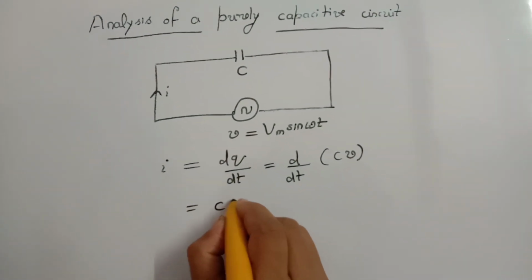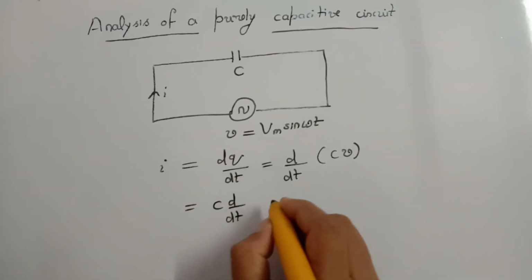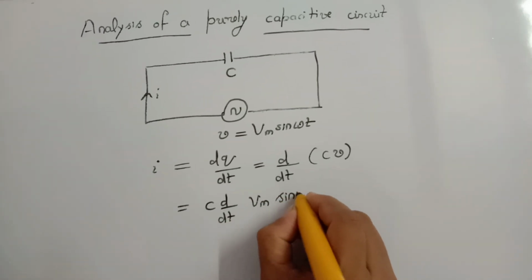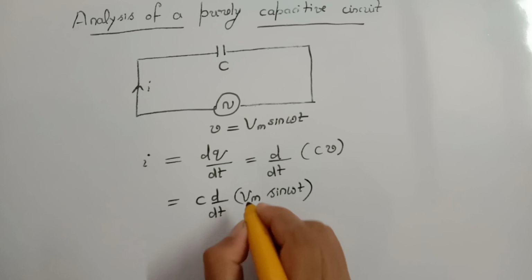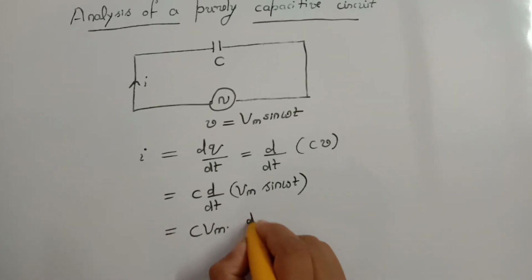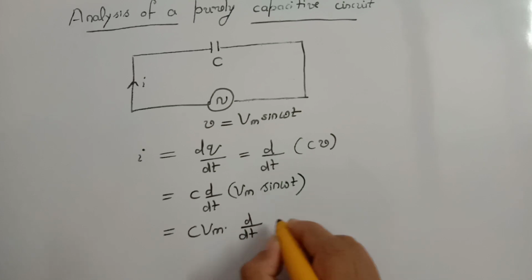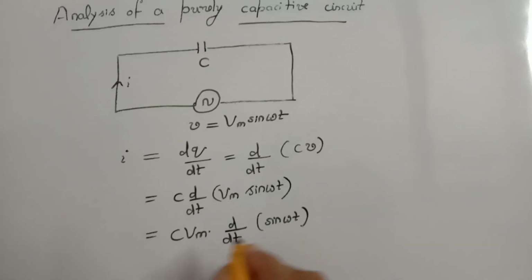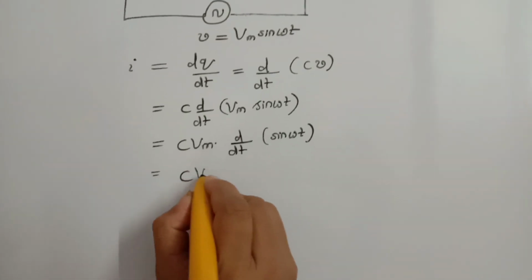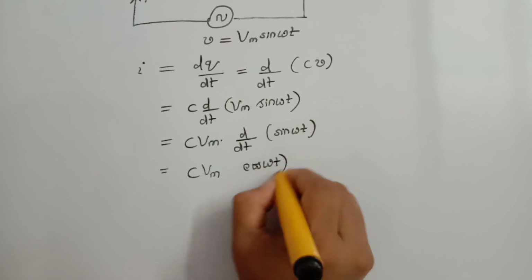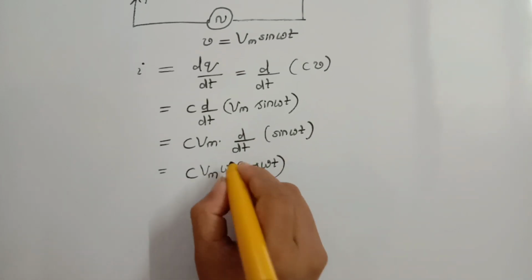We'll substitute for the instantaneous voltage V = Vm sin ωt. So C times Vm d/dt of sin ωt. Now we will differentiate sin ωt, which will give cos ωt times ω.